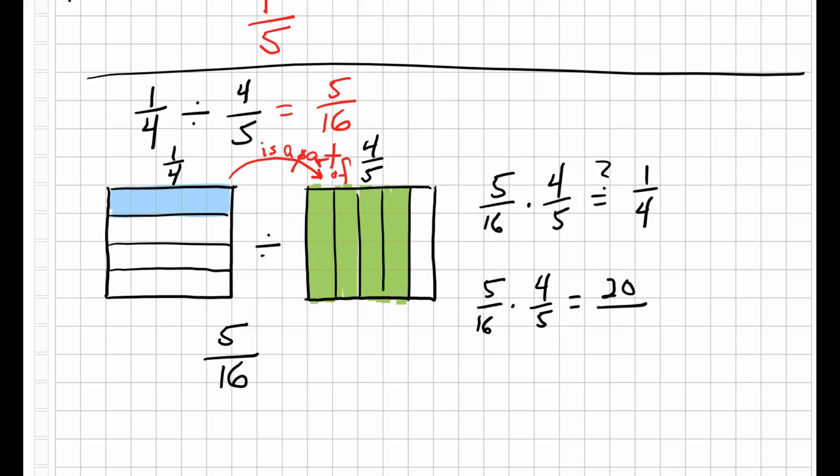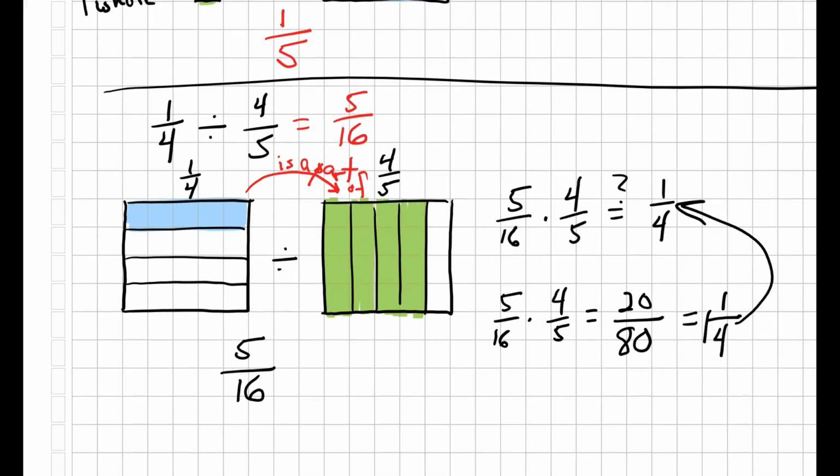I multiply my denominators, and that's equal to 80. And I can see that I have a common factor for numerator and denominator of 20. 20 goes into 20 one time. 20 goes into 80 4 times, and yes, I've done my division problem correctly.